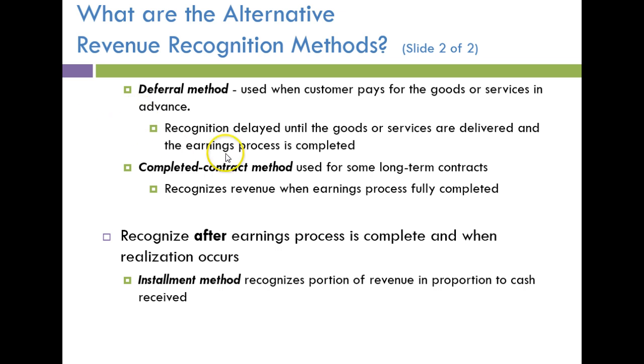Recognizing revenue after the earnings process is complete, what happens in the installment method, you sell your business. My client who sold their business, the earnings process is complete, but she's treating it as the installment sale because they didn't pay her in full then. They're paying her over a period of 4 or 5 years.